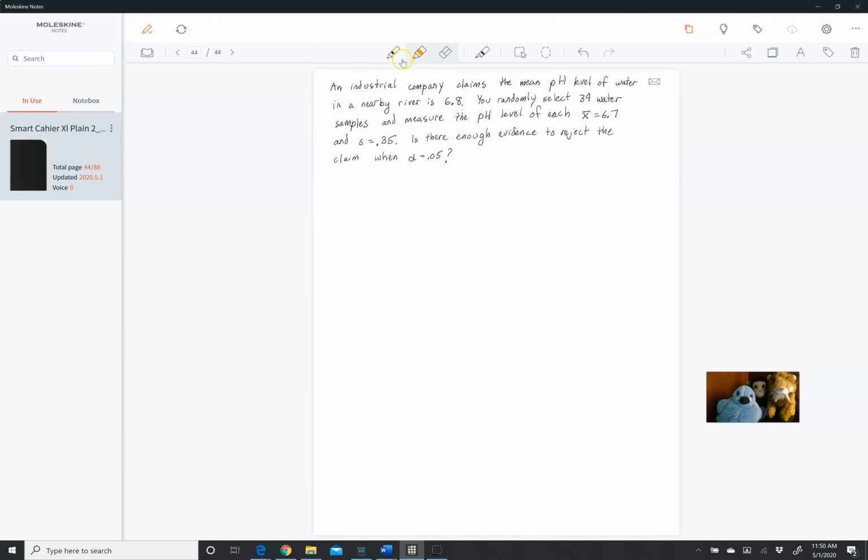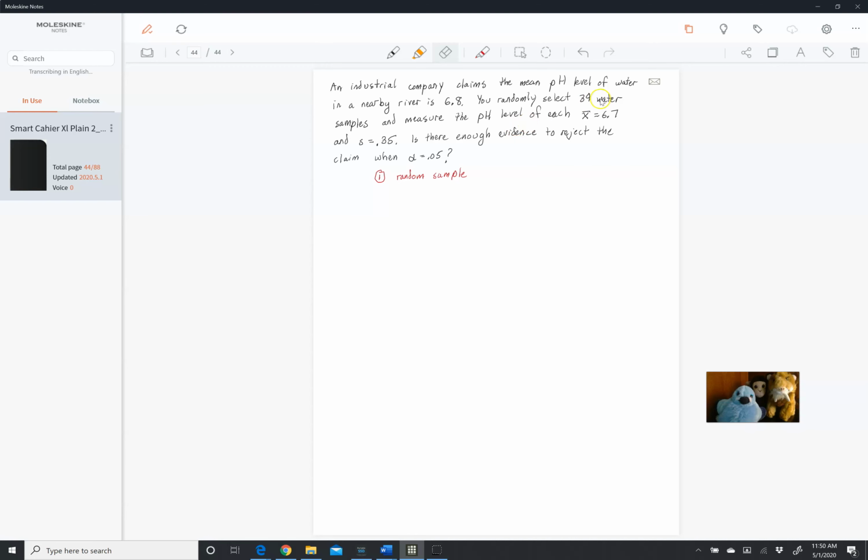So let's go through each step. First step is our verification. We know it's a random sample. What you're going to see that's very conspicuously missing is that we don't see that the population is normally distributed.